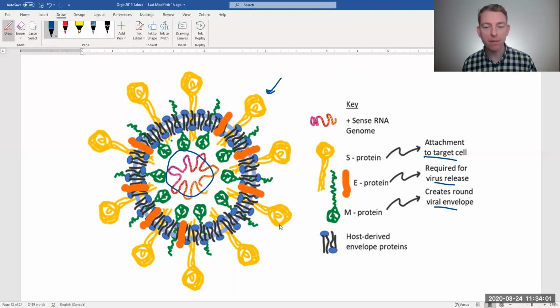But this host envelope is made of phospholipids, so this is the same idea. It would have phosphorus in the hydrophilic head and lipids, hydrophobic tails, so quite a lot like the soaps that we were just talking about. This is actually the same envelope as our cells, so this is us that it's taking and incorporating into its own envelope.